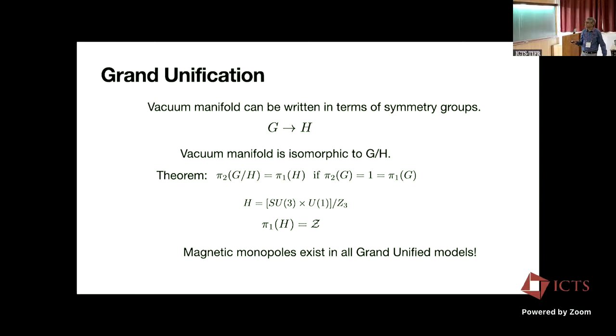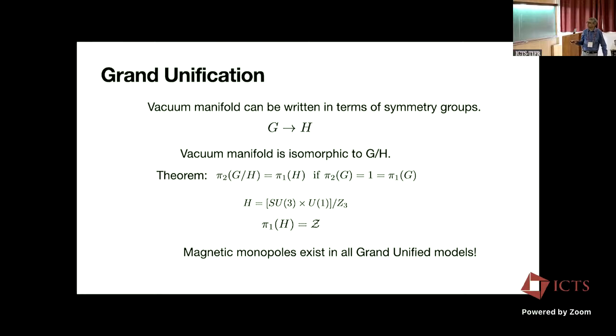And then there's a theorem which is derived using what they call an exact sequence in homotopy theory, which is that pi 2 of G by H is actually pi 1 of H, if pi 2 G is trivial and pi 1 G is trivial. So this is a theorem in mathematics.